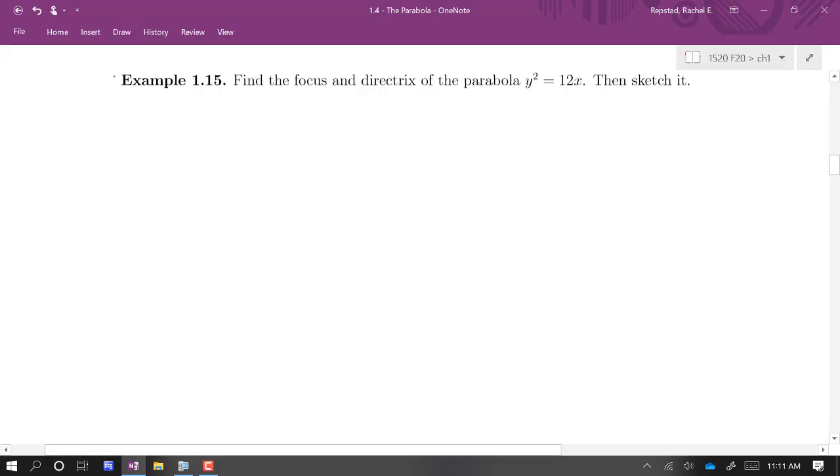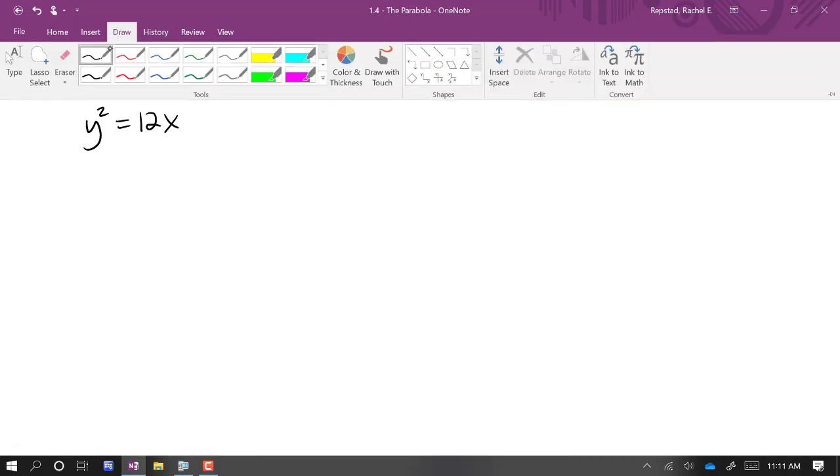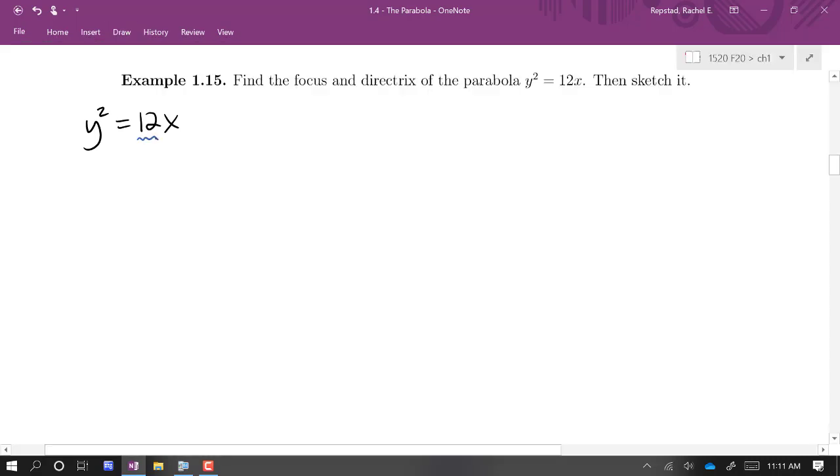So we're going to find the focus and directrix of the parabola y squared equals 12x. Note that 4p is equal to 12, and that means p is equal to 3. It's a positive 3.